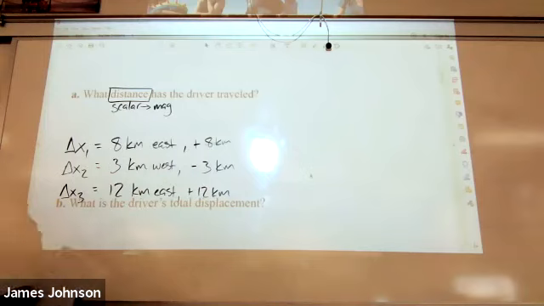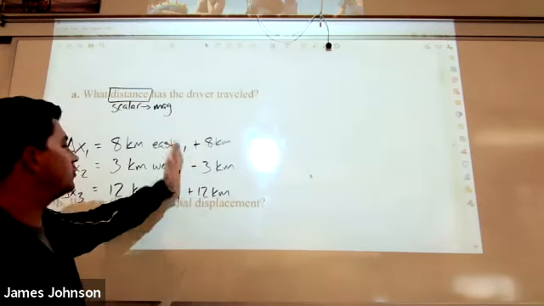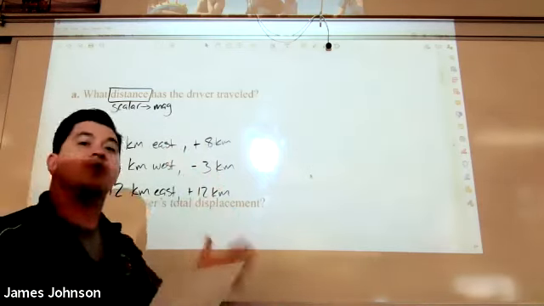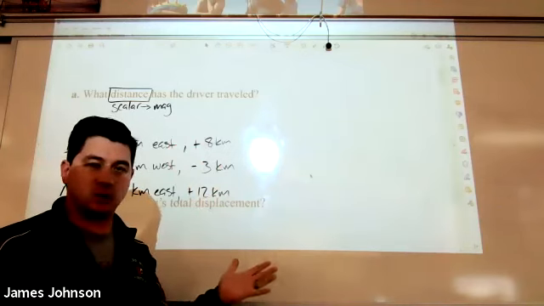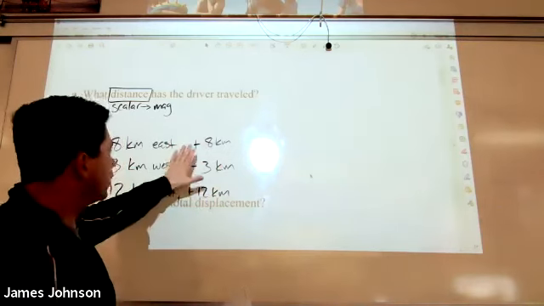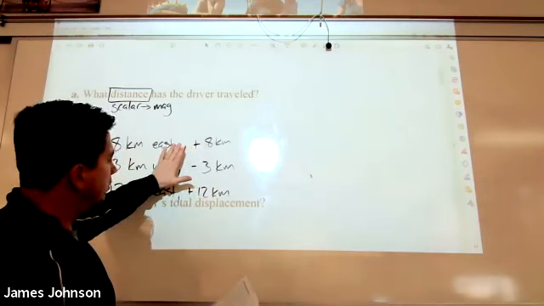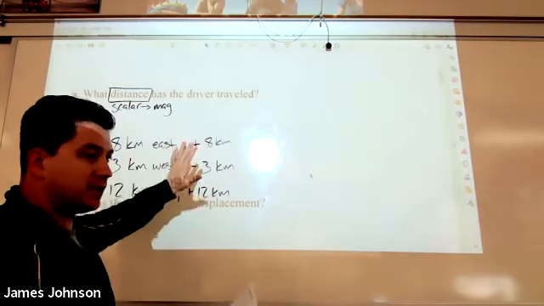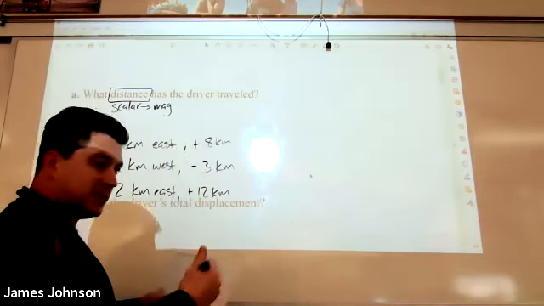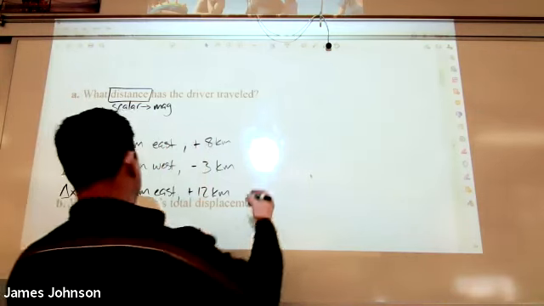So what we're going to do here is take these values, but ignore the direction, because scalar quantities don't involve direction. So we're going to take the absolute values of these displacements, meaning just their magnitudes, and add them together.